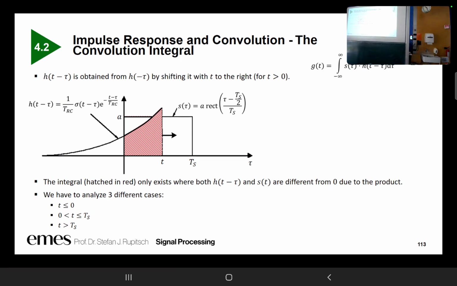The region which is decisive for us is the overlapping region, where the input signal and the impulse response are both different from zero, because only in this region does our integral lead to a value different from zero. Okay? Do you understand it?